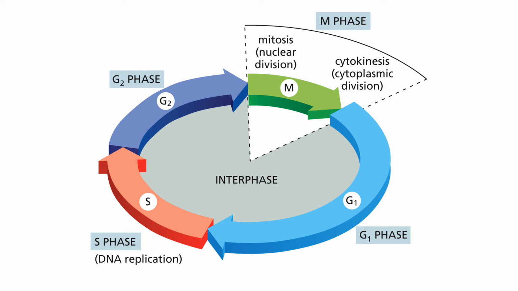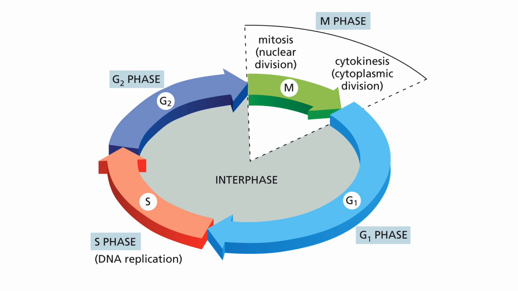You can't see anything happening, but during that 10-hour period, the cells are producing all of the enzymes, the DNA polymerases, all the histones, all the proteins that are required for DNA replication. There's an enormous amount of activity happening during G1, and it takes a long time to prepare what needs to be prepared. So it's not that nothing is happening. The cell is changing and producing everything it needs for S phase.